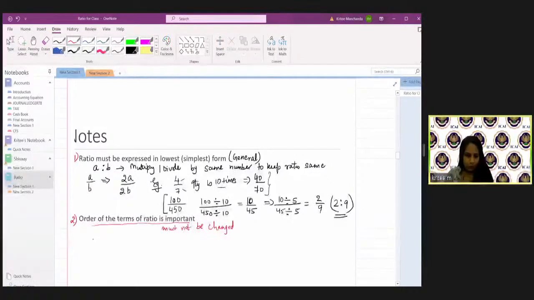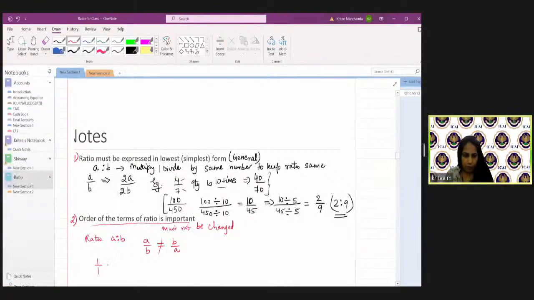If I have a particular ratio in A is to B order, you cannot say that A is to B is the same as B is to A. That's wrong. A is to B cannot in general be equal to B is to A. This rule applies only for 1.